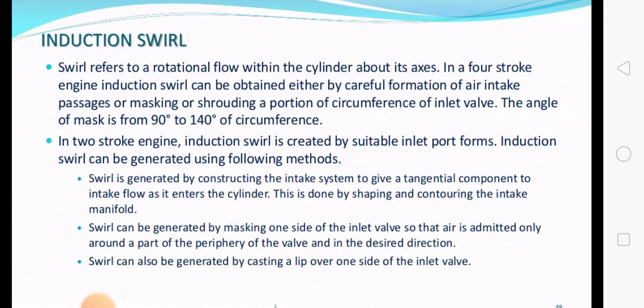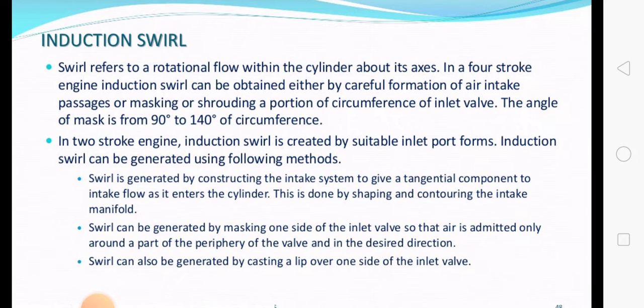In a 4-stroke engine, it can be obtained either by careful formation of air intake passages or masking a portion of the circumference of the inlet wall. Generally, the angle of mask is from 90 degrees to 140 degrees of circumference.